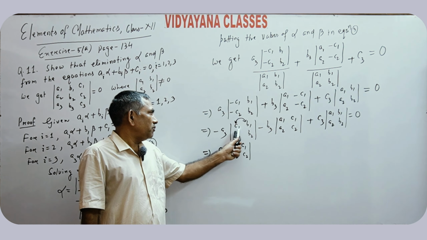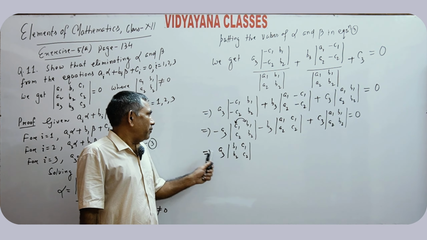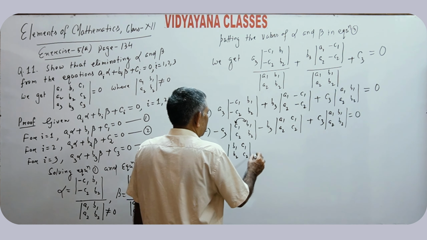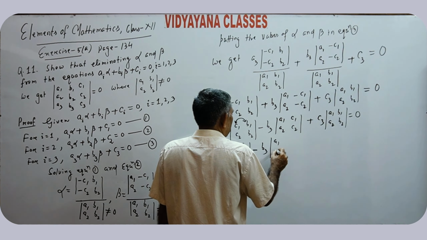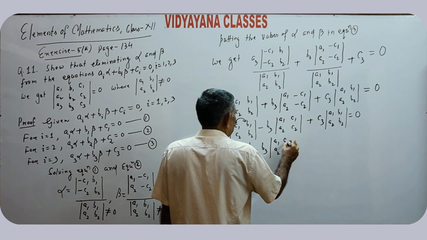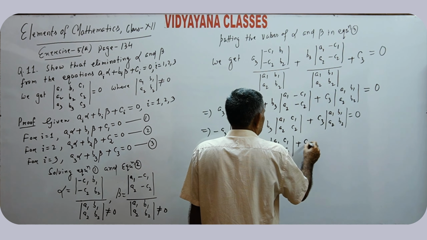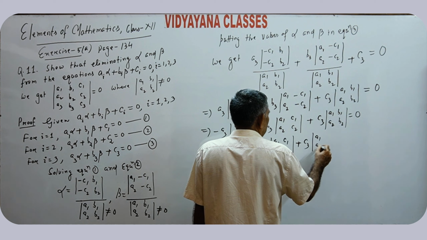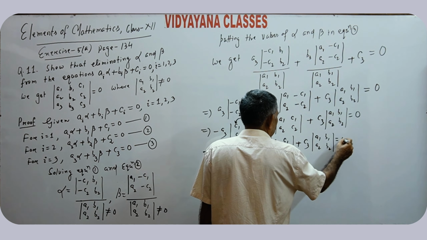Interchanging column 1 and column 2, we will get 1 minus. So minus minus plus. Minus B3, A1, A2, C1, C2 plus C3, A1, A2, B1, B2 is equal to 0.